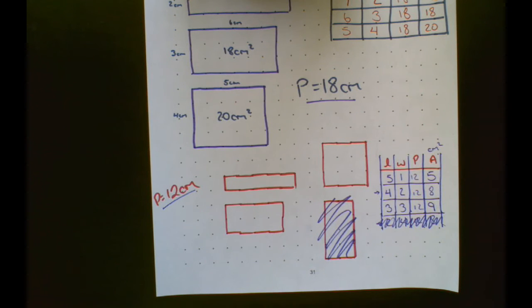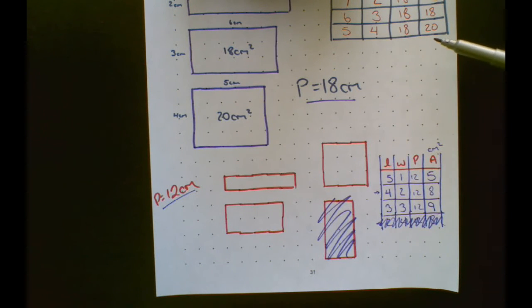If you look through the practice questions on page 129, 130, you'll see that it asks you sometimes to draw a rectangle with the smallest possible area, or to draw a rectangle with the biggest possible area for a certain perimeter, or to draw every single one of them.